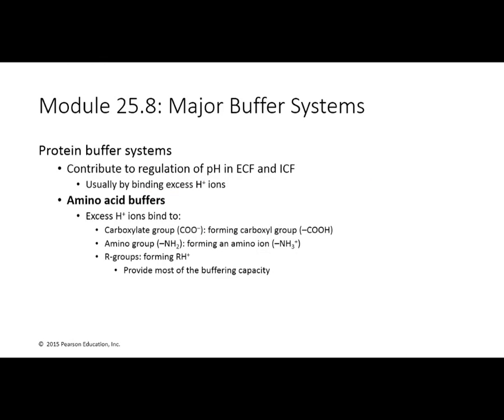So most of these protein buffer systems are going to help regulate the pH of your extracellular fluid and the intracellular fluid. You see them on both sides. And they're going to bind up any excess hydrogen. That's what these things are doing. All these buffering systems are going to grab that hydrogen, because what does hydrogen do? Hydrogen by itself can affect the pH very strongly.